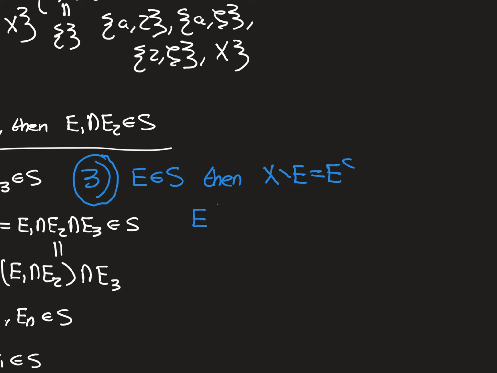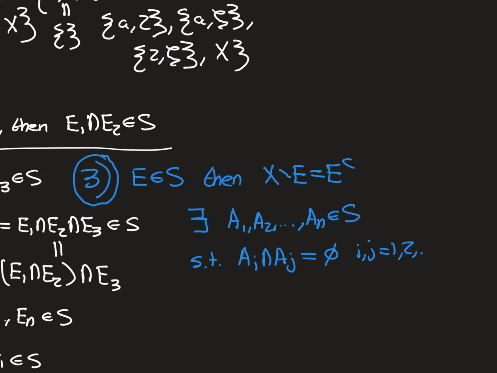Instead, you insist that, actually I'll write this differently, that there must exist some elements. What should we call them now? Let's call them A. So a finite number of elements, A1, A2, all the way up to AN, that are elements of the semialgebra, such that they're all pairwise disjoint. So Ai intersect Aj is equal to the empty set for i not equal to j, i, j equal to 1, 2, all the way up to N. So take any two of them, intersect them, and there is no intersection, it's empty.